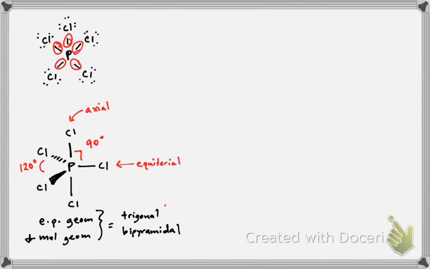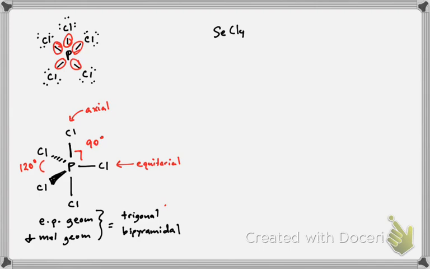All right, so now let's see what happens when we have a lone pair, okay? So let's check out, this is the last one on the list, which is selenium tetrachloride. So SeCl4.